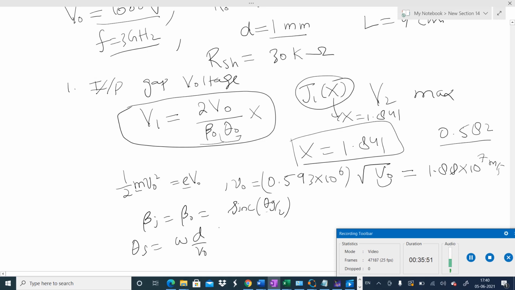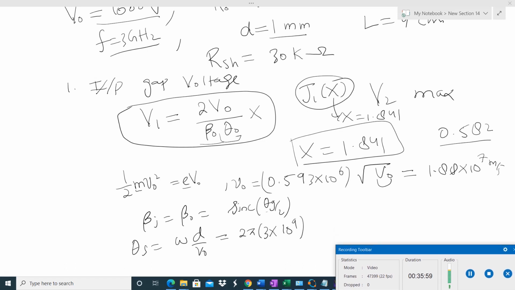So we can get theta g first. This is 2 pi times 3 gigahertz, that is 3 into 10 power 9, and d is given to be 1 millimeter, so 10 power minus 3, divided by the velocity we computed, 1.88 into 10 power 7. Computing it, you will get 1 radian. We have taken a nice value so that it becomes 1 radian.